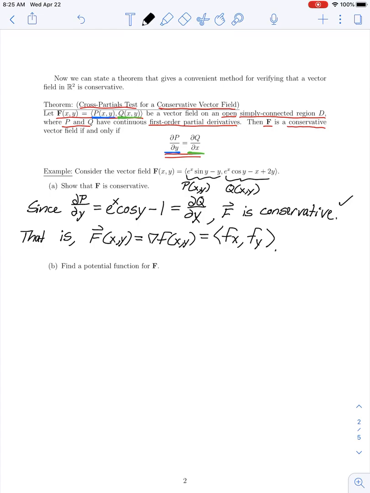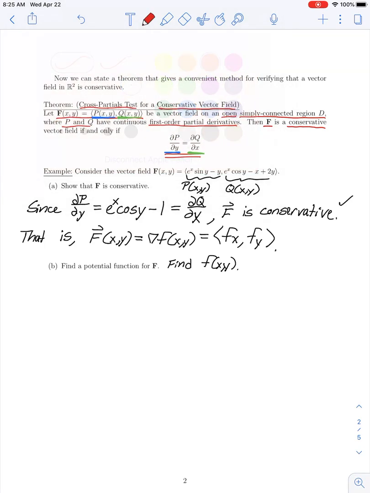So in part B of this example, we are asked to find a potential function for f. So that is, we want to find the scalar function, little f of x y, such that the gradient of that function is equal to the given vector field.